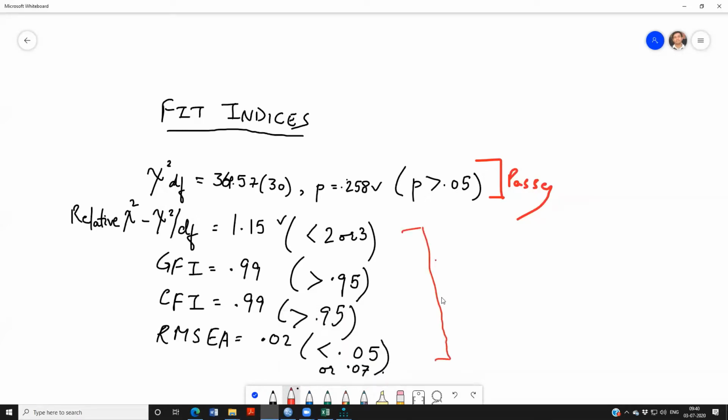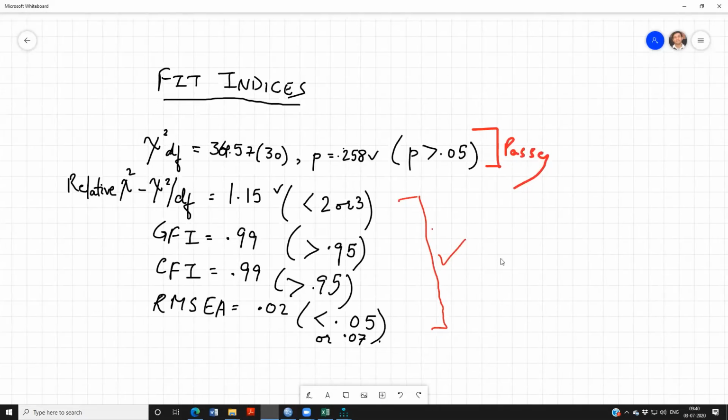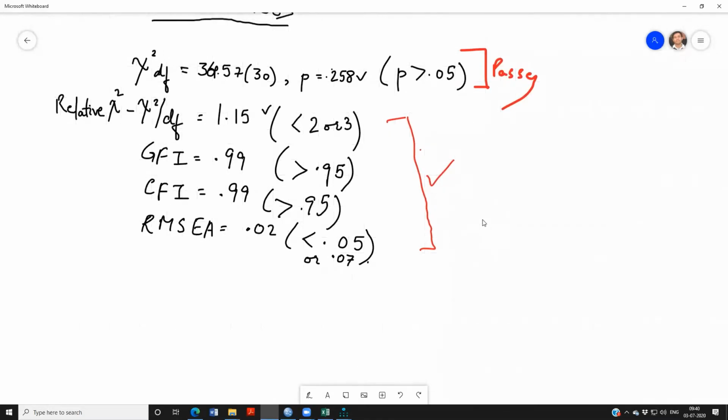There is no chance that these tests will not pass. However, in my experience of doing structural equation modeling and CFAs, what I have seen is that when the models become complex, when you have large models, then this test tends to fail.